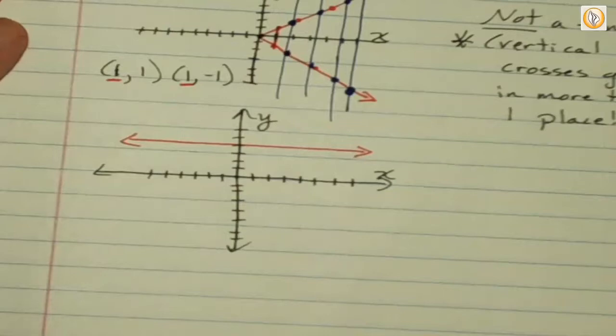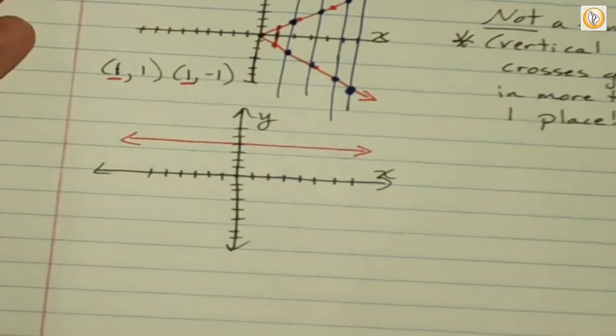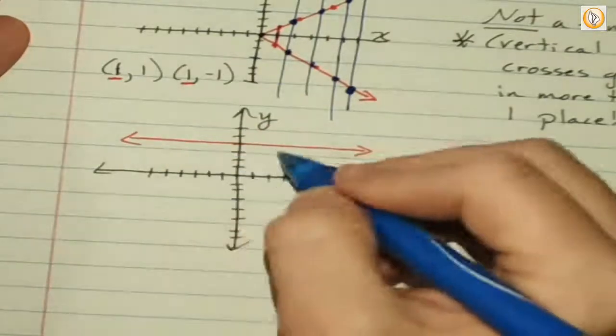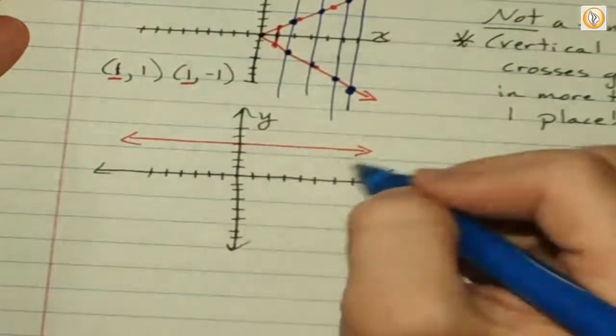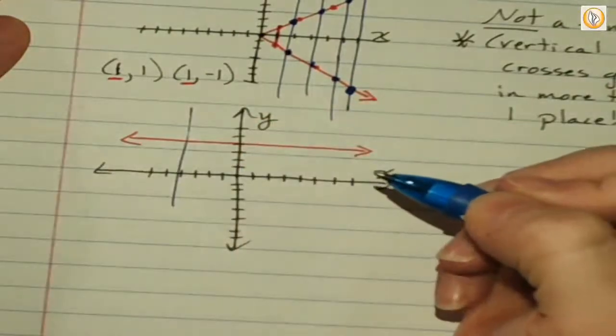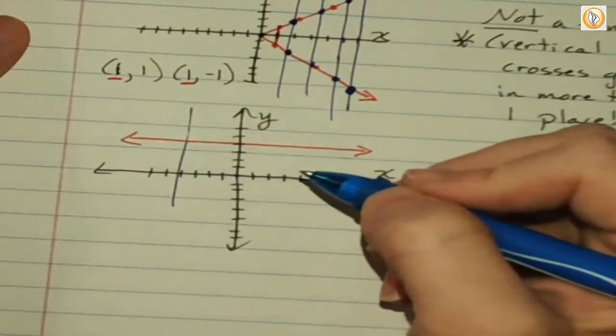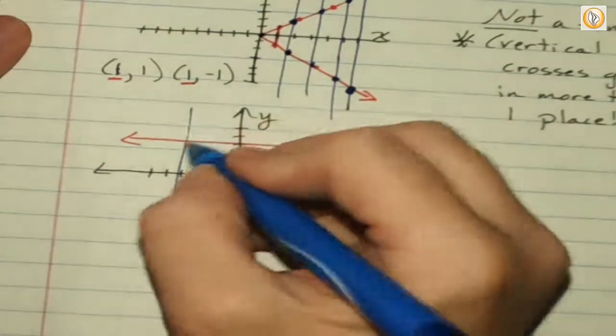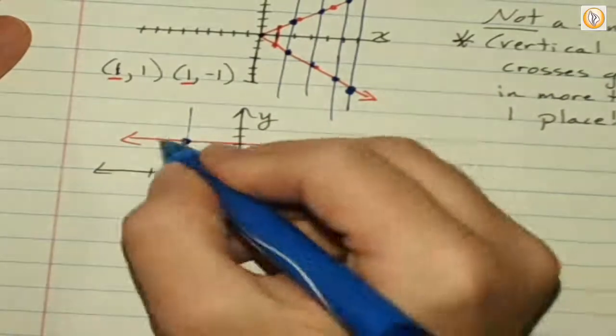Emily, let's do the vertical line test. I can draw a vertical line anywhere on this graph. Here. Emily, how many places did it cross over my graph? That's right, one place.